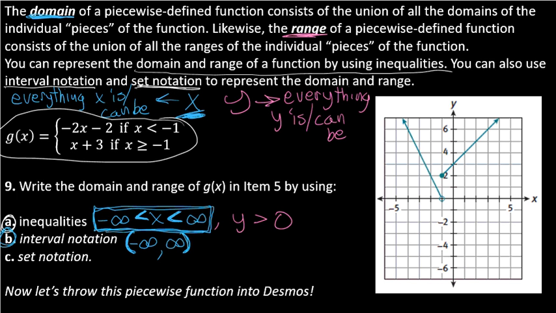What about our range? Well, our range is simply this. We are not including 0, so we leave this a curved bracket as well, because when you have this, that means you have a curved parenthesis. So from 0 to, well, y can be positive infinity.